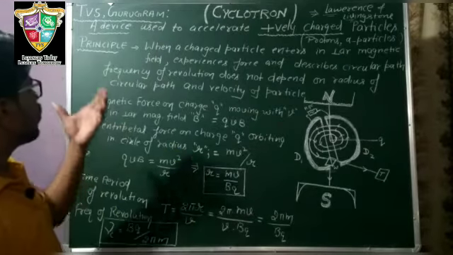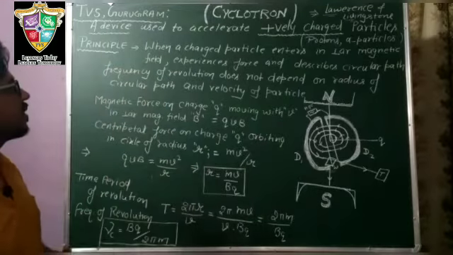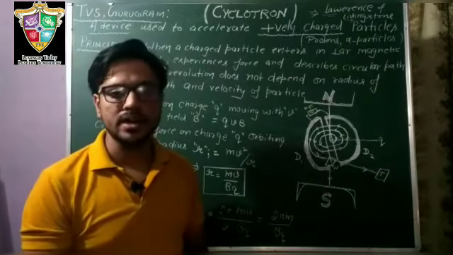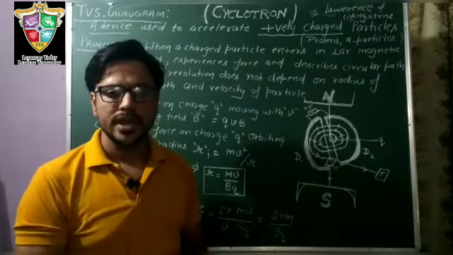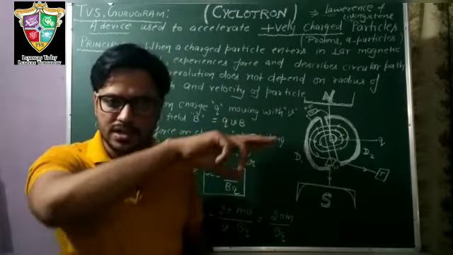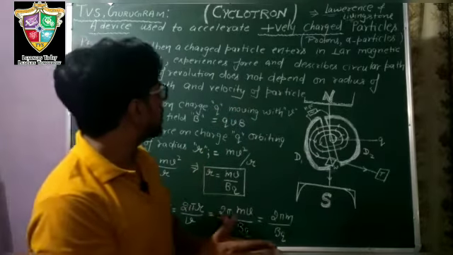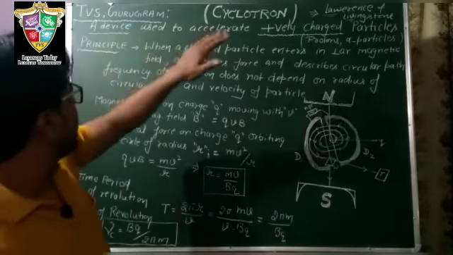So on which principle does this device work? We studied that when a charged particle enters a magnetic field, it experiences a force and starts revolving in a circle. On this concept, this device is made.